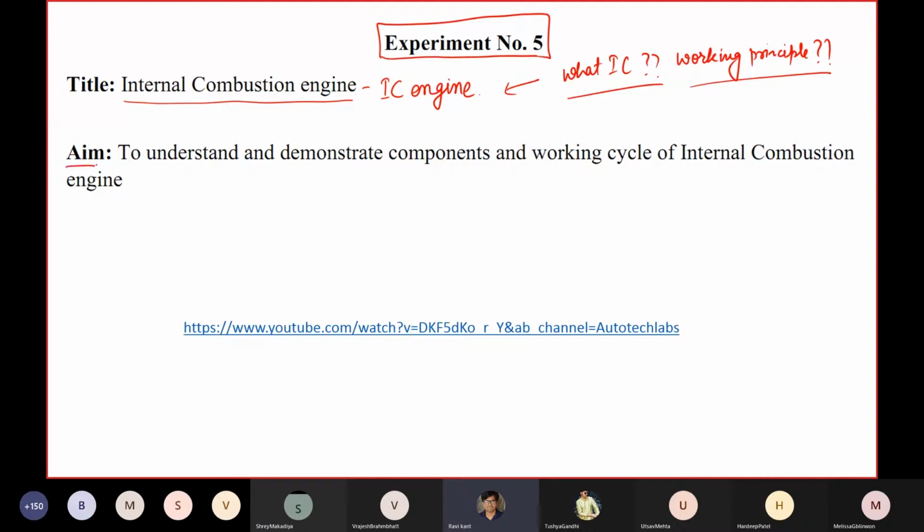And the aim of this experiment, although since we are in online mode, we cannot see physically what this IC engine would look like. Essentially, it is a container where your piston cylinder arrangements are there.